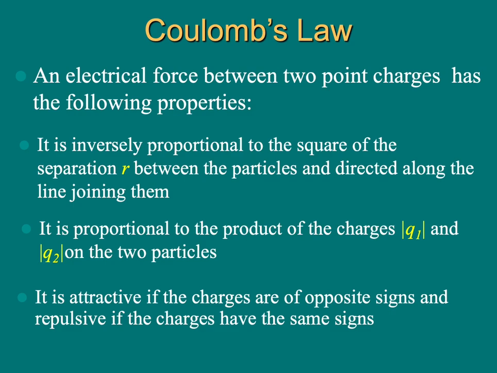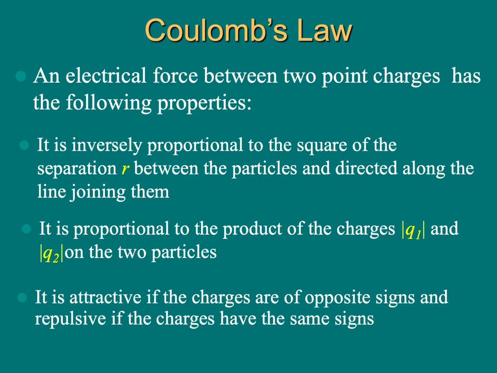Coulomb found the following property for two charges. The force between them is inversely proportional to the square of the separation between the two charged particles, and is directed along the line joining those two objects.